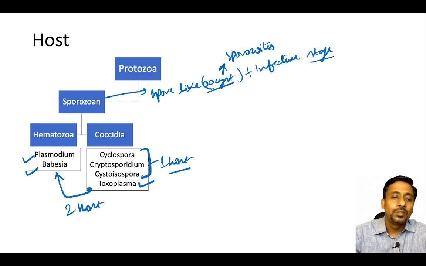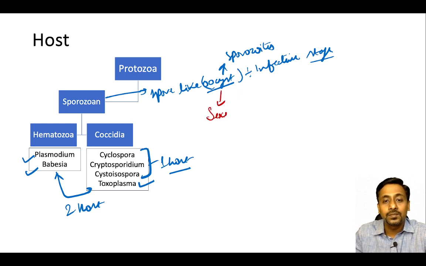So what does it have to do with the number of hosts? That means in them sexual reproduction is occurring.